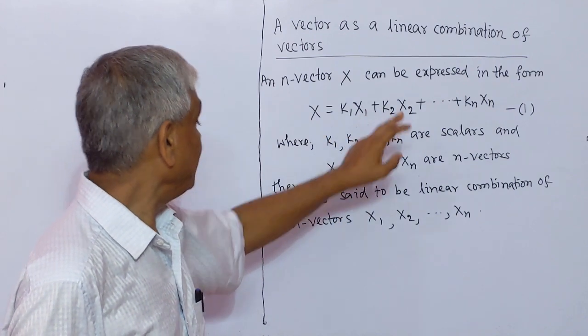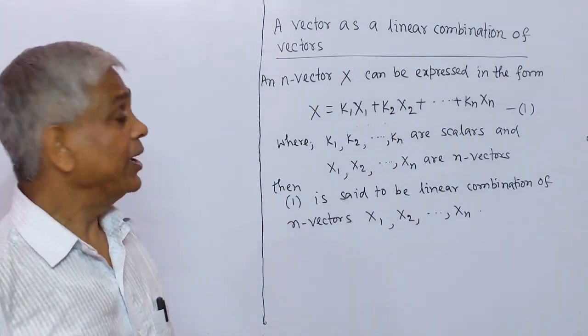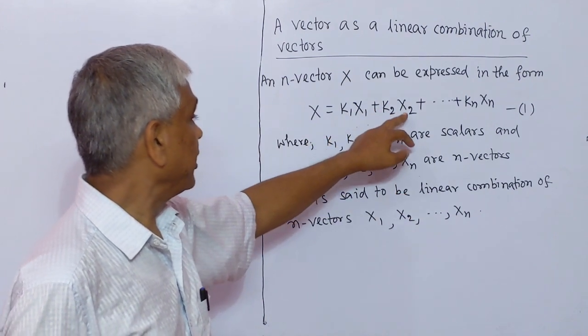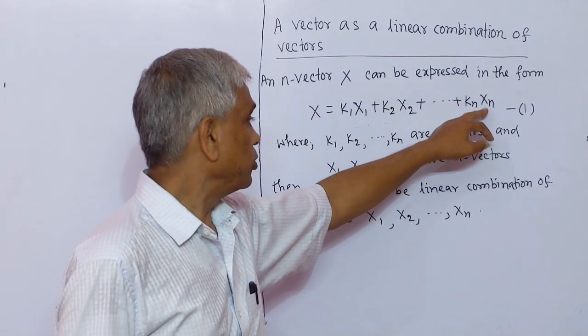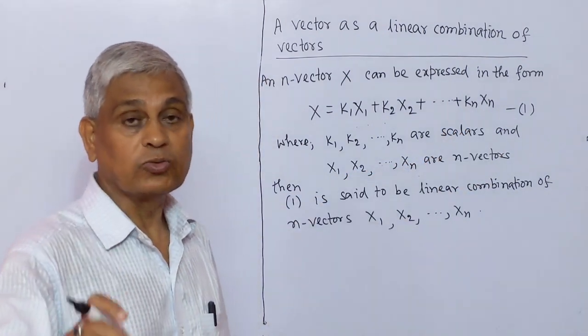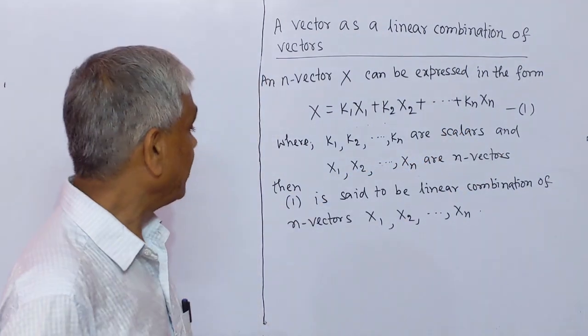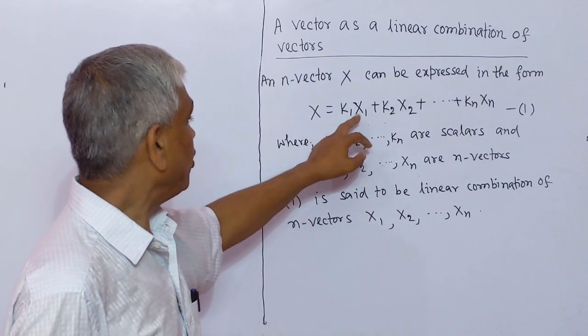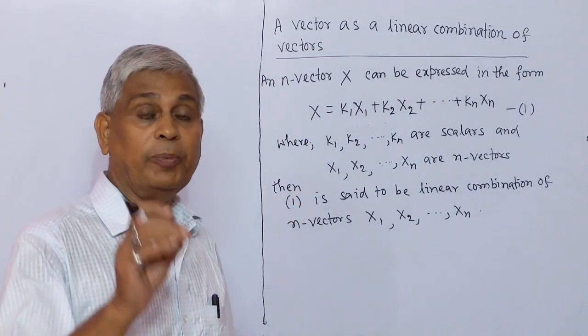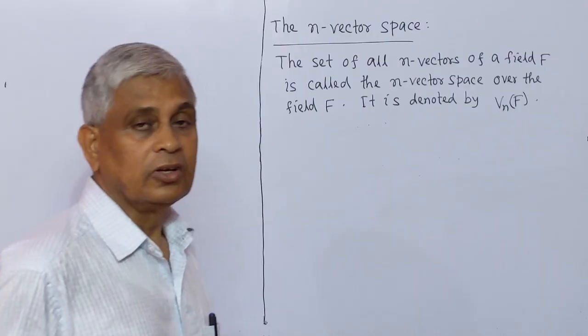Then 1 is said to be a linear combination of n vectors X1, X2, dot dot dot, Xn, and this form is called a linear combination of vectors.